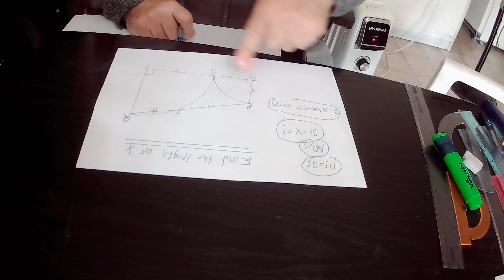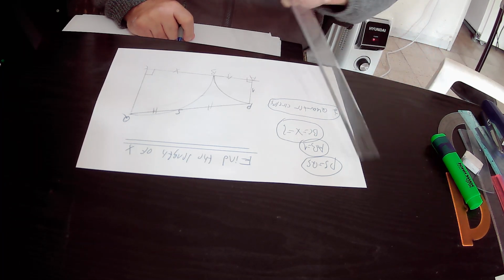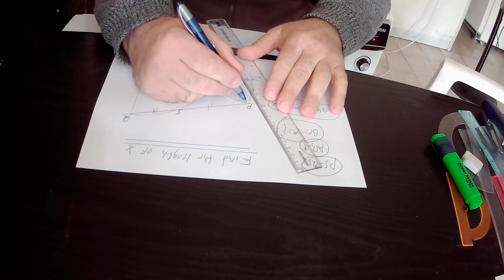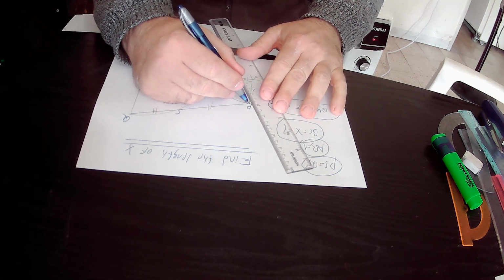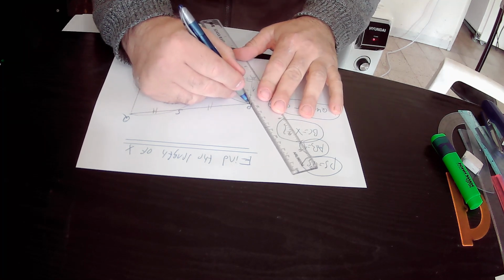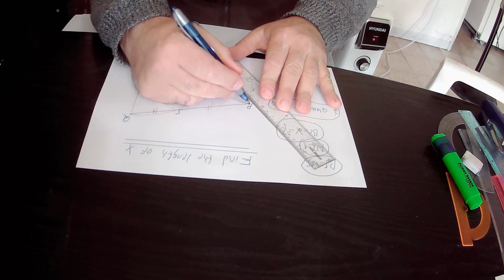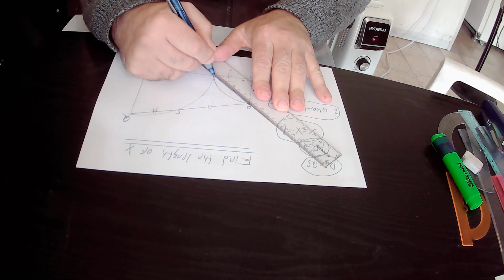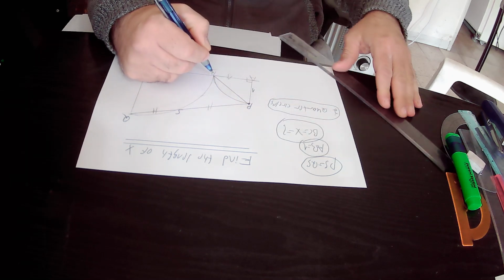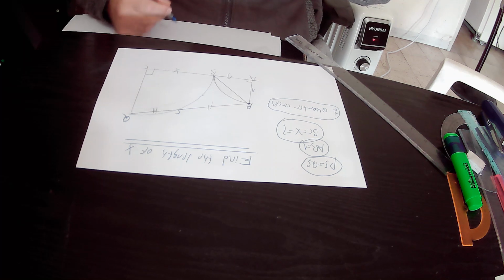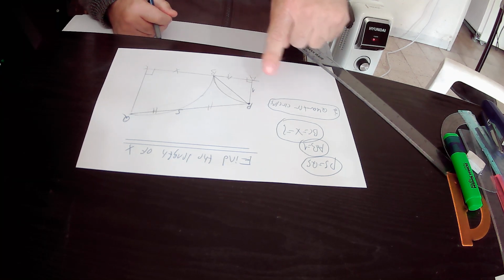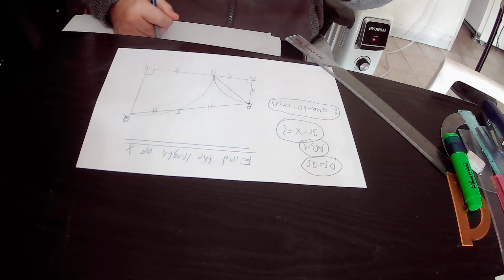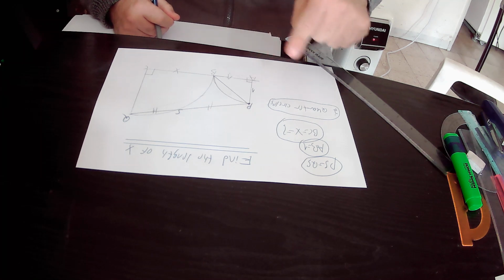We join points P and B together by a straight line. By joining points P and B, we created the right triangle, triangle PAB. So I copy the right triangle PAB in a new page and we'll apply the Pythagoras theorem on this right triangle.